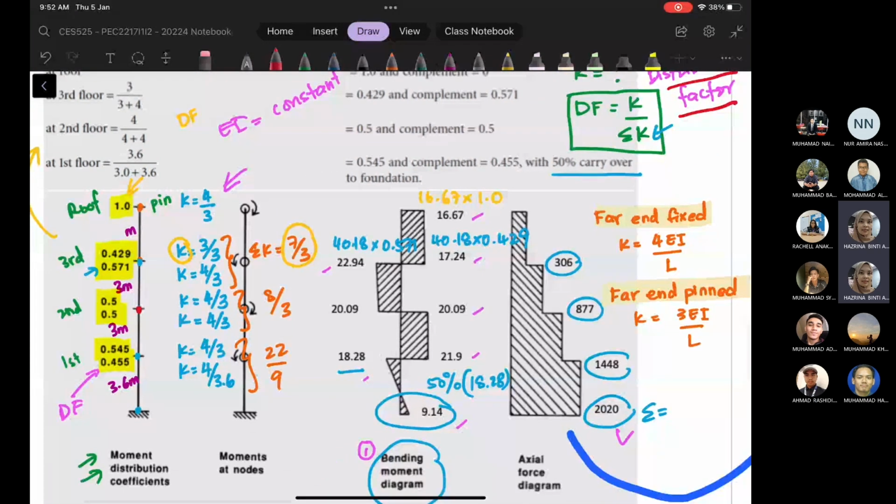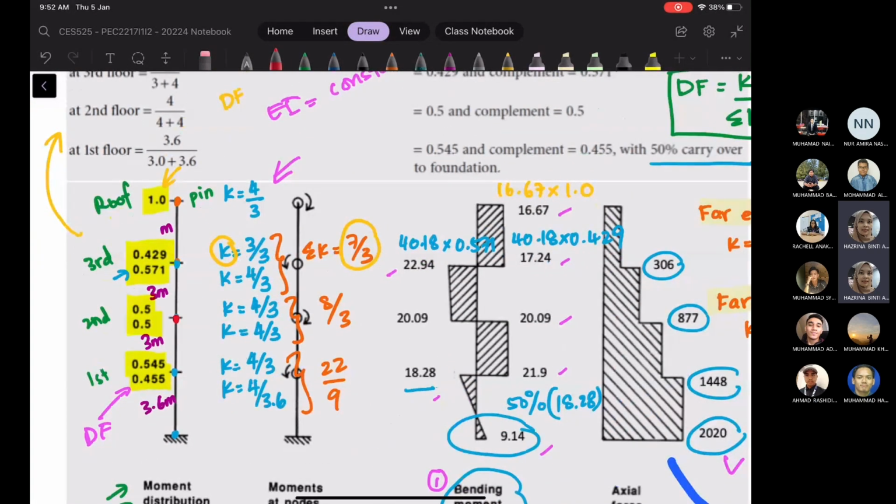Then we calculate the distribution factors, which are the ones that I have highlighted here. For each one we have to calculate, and we get the distribution factors for the top and bottom of the column. So for each column we will have the value.